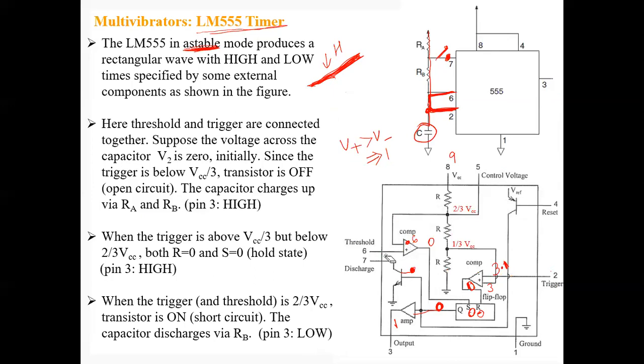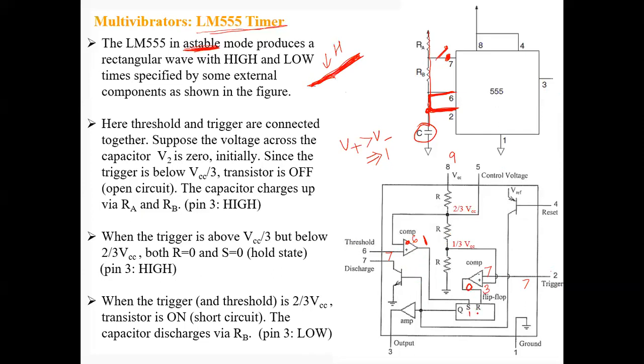Let's say this is 7 volt, because they are connected. So what does this give me? 1. What does this give me? This is 3, this is 7. This gives me 0. This gives me 1.